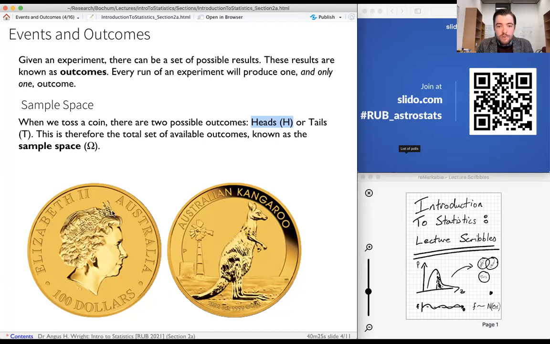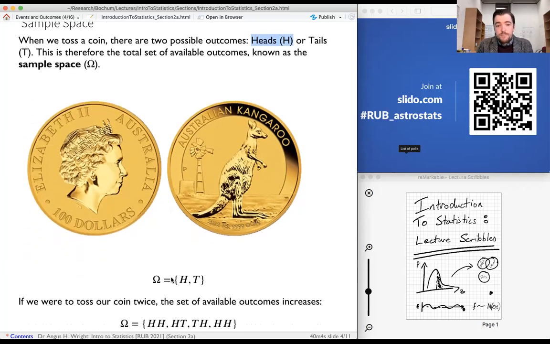Now here I've provided an example of an Australian coin, which is useful because the head is literally a head and the tail contains literally a tail. So the sample space of this single coin flip is the set of outcomes, which is purely head with H and tail with T.